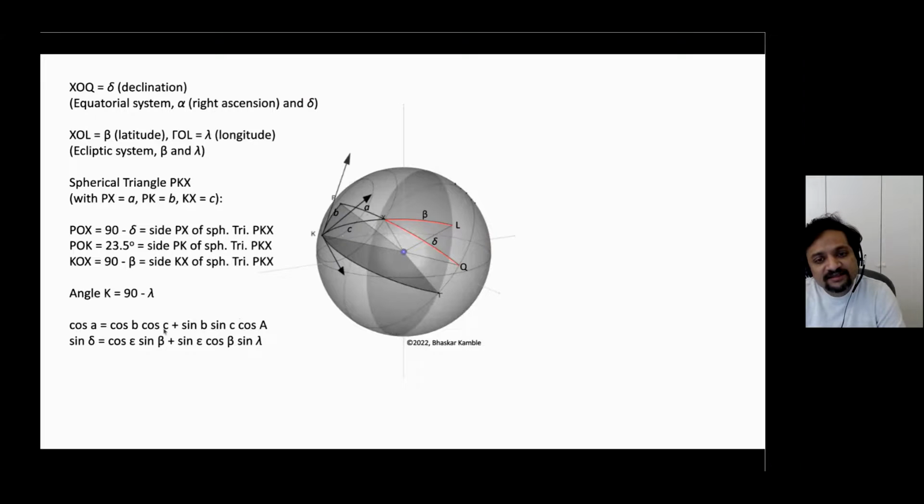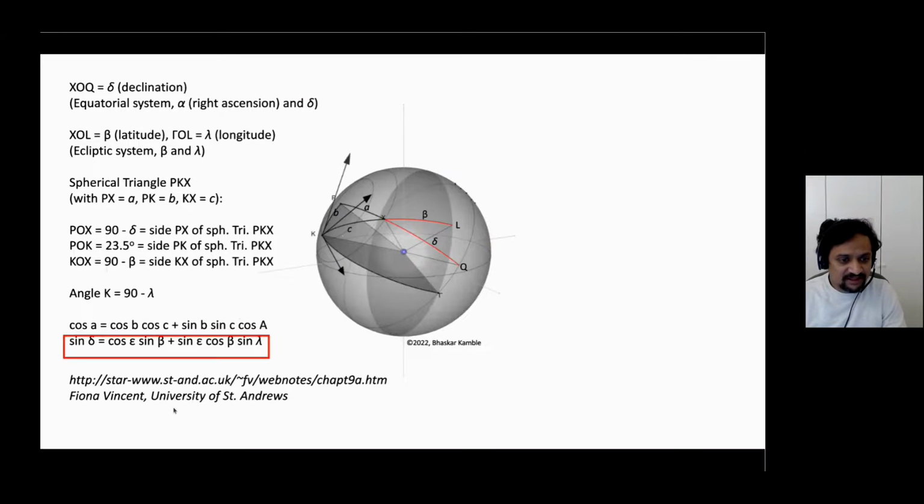Then cosine C, where C was KOX, 90 minus beta, becomes sine beta. And the same for the second term: sine B remains sine epsilon, sine C becomes cosine beta, and cosine of capital A, which is this angle K, 90 minus lambda, cosine of 90 minus lambda is sine lambda. So this is the formula we get by applying the cosine formula to the spherical triangle PKX.